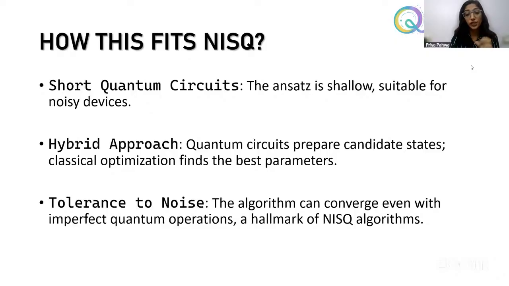The algorithm can converge even with imperfect quantum operations, which is a hallmark of NISQ algorithms. Error correction is still in progress. I won't say it has overcome this problem, but people are trying, so it's in progress.